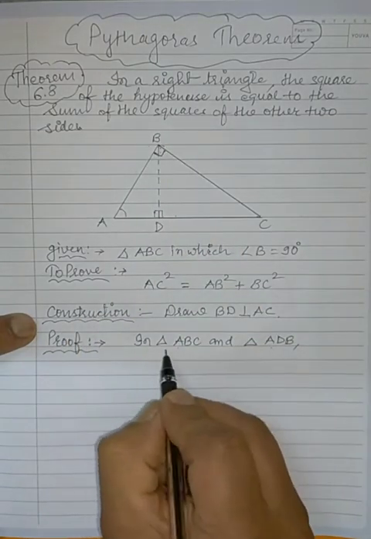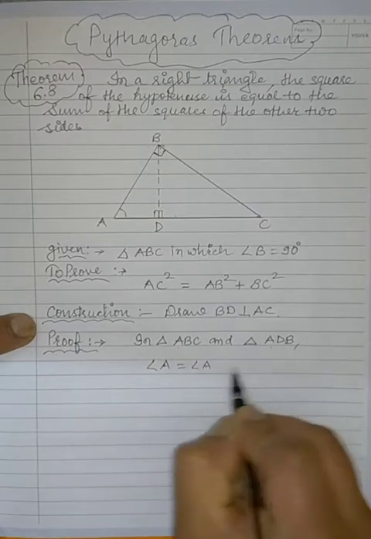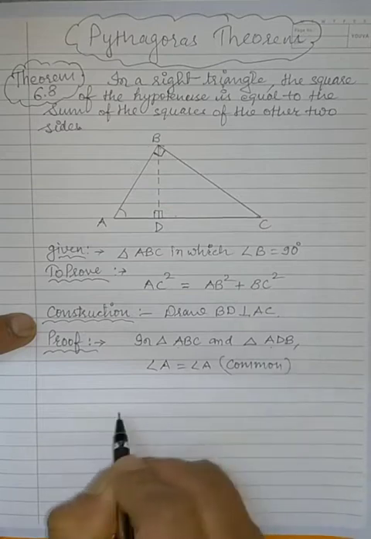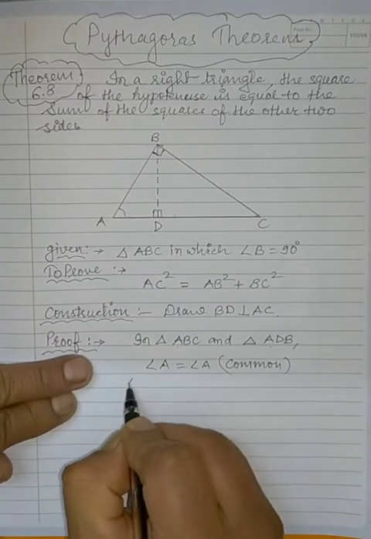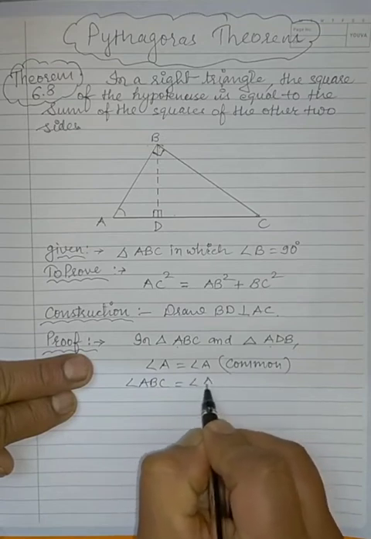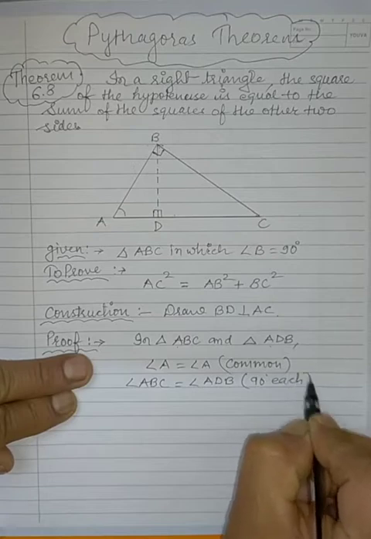Okay, so in triangle ABC and triangle ADB, angle A is equal to angle A, which is common, and angle ABC is equal to angle ADB, 90 degree each.